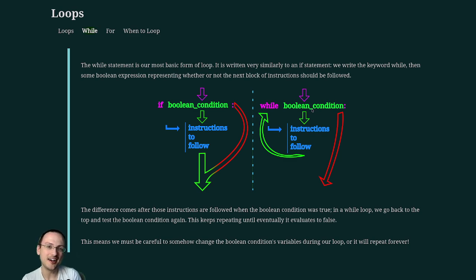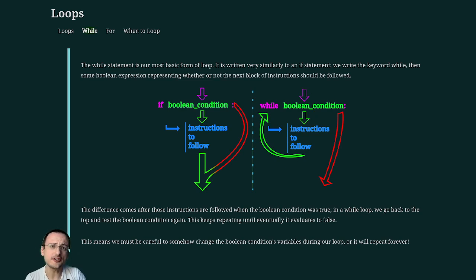In fact, a lot of the times when a program does freeze, when you see it go gray and you get the click-to-close dialog, that's often because some loop has gone out to lunch and is now repeating itself forever and ever and ever. So that is our one consideration for while loops: make sure something in this condition is changing so that we can eventually break out of the loop and continue on.